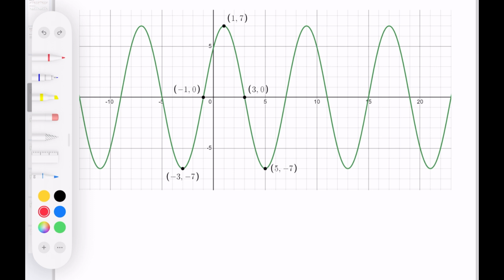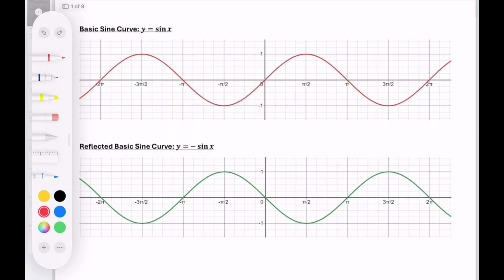So, before working on all of that, we will quickly look at the basic sine curve, the reflected basic sine curve, the basic cosine curve and the reflected basic cosine curve. Right here, I have the basic sine curve whose equation is y equals sine x, and the reflected basic sine curve whose equation is y equals negative sine x.